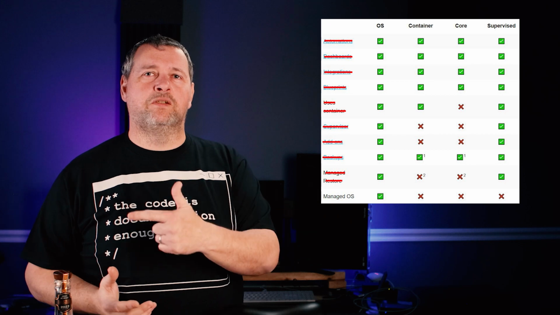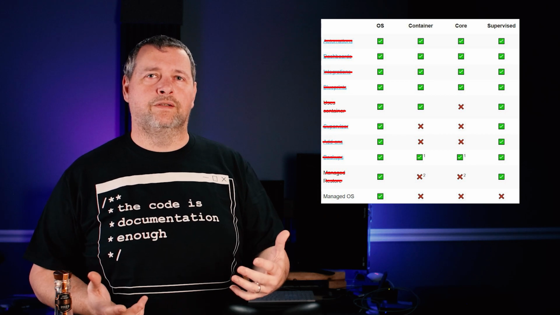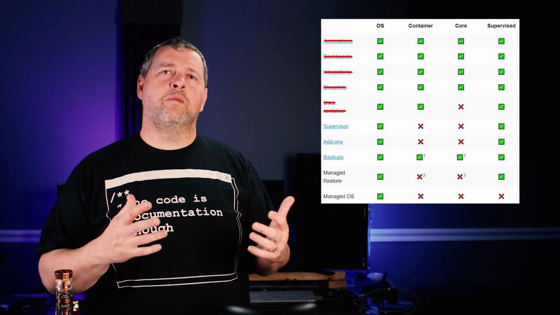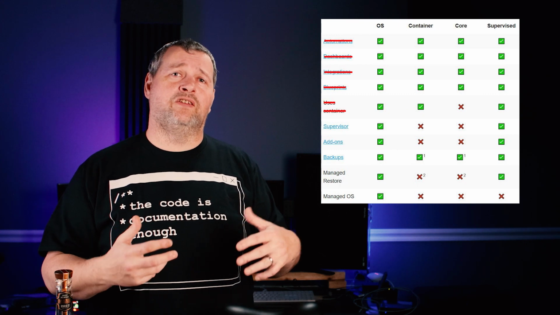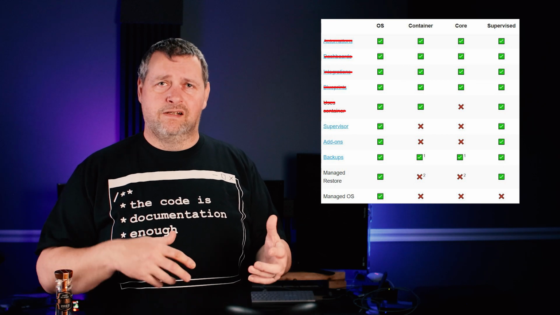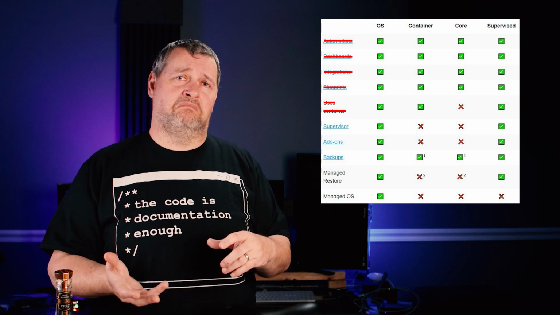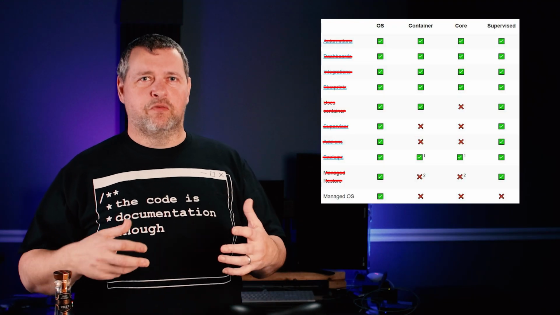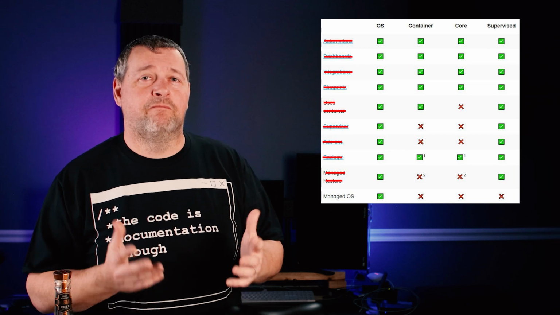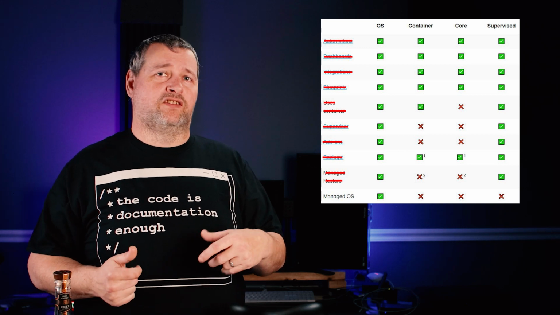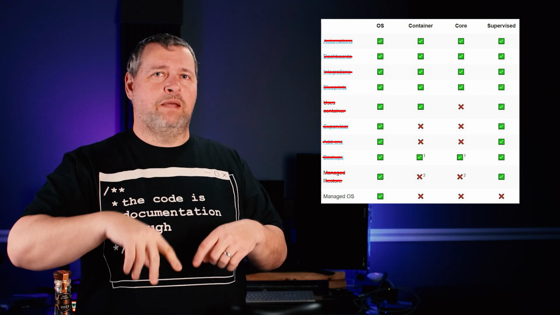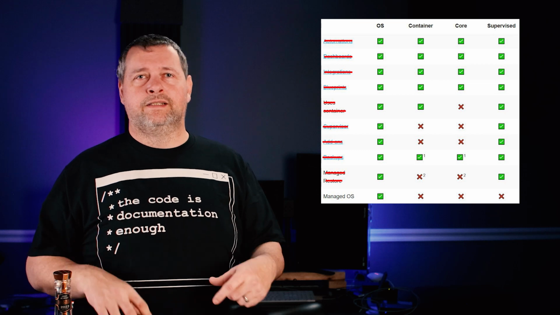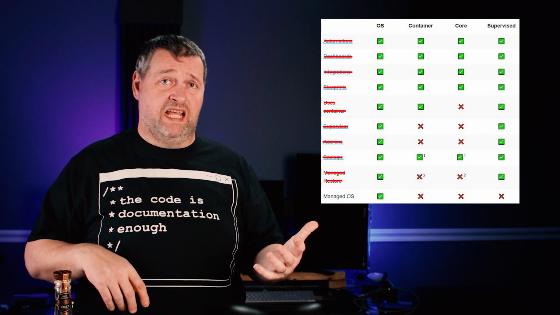If we rewind back to Supervisor and review what I said there, it's a program that manages the behind-the-scenes stuff for a Home Assistant instance, like performing installations and updates of Home Assistant, any of the add-ons, the Home Assistant operating system, and also itself.